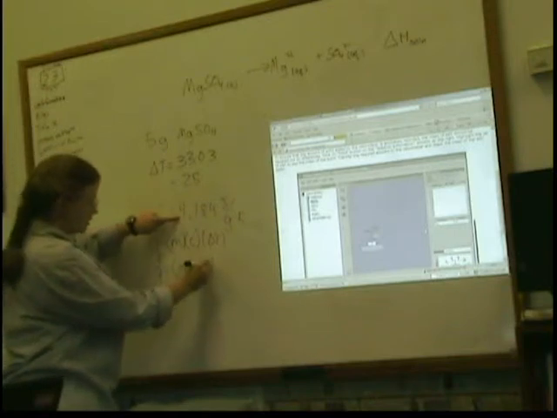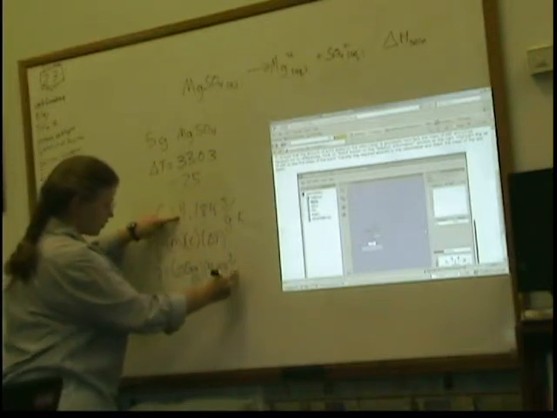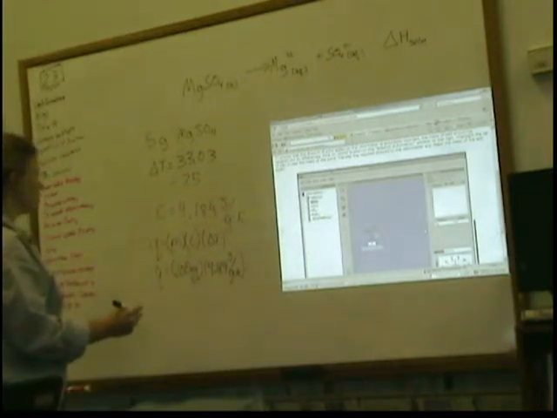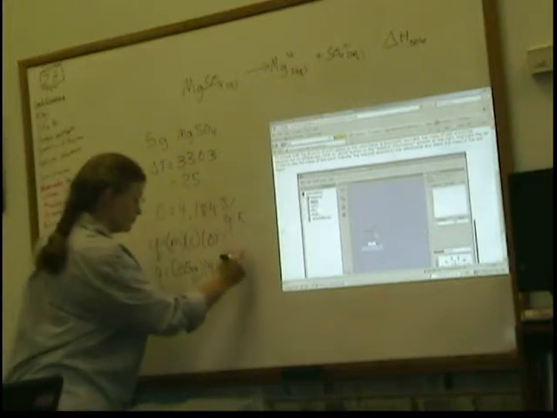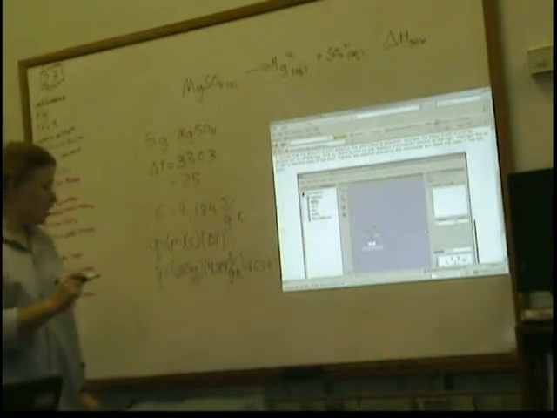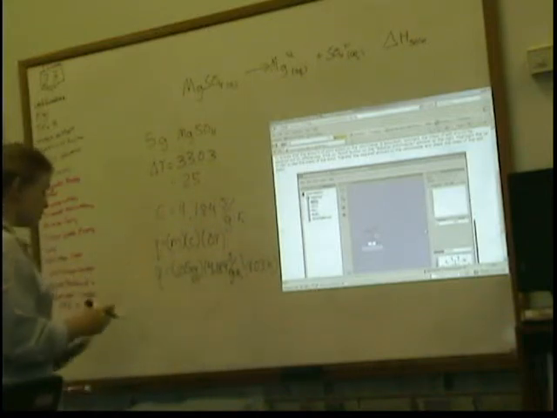Our specific heat, 4.184 joules per gram Kelvin. And our change in temperature, 8.03. And since a degree Celsius is the same as a Kelvin, we can go ahead and put that in there.